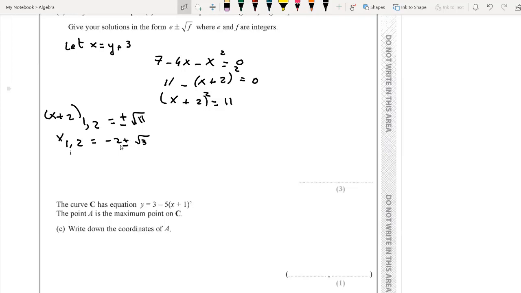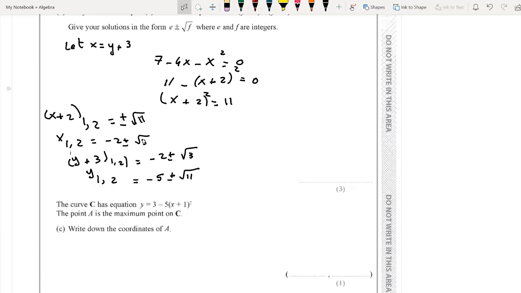Now, return x to its original value. x was equal to y plus 3. So we have y plus 3, for 1 and 2, is equal to negative 2 plus or minus root 11. Now, this means that y1 and y2 is equal to minus 5 plus or minus root 11.